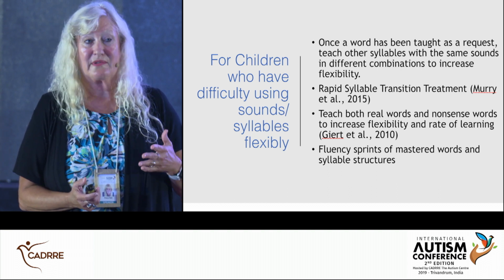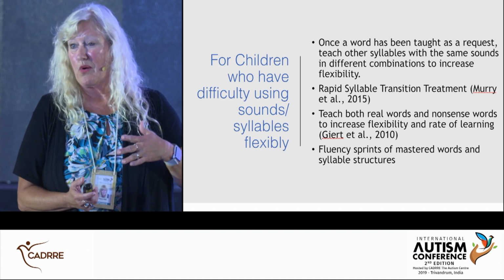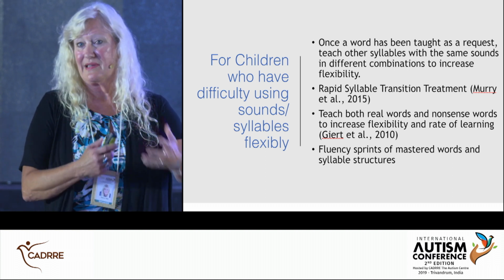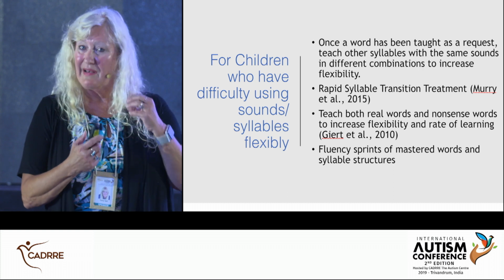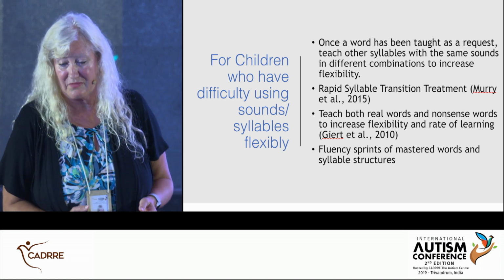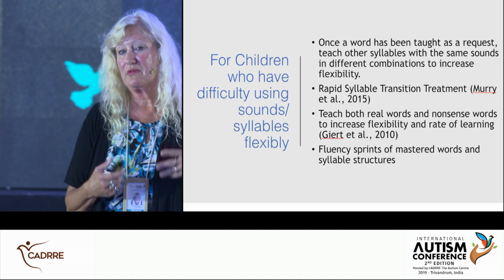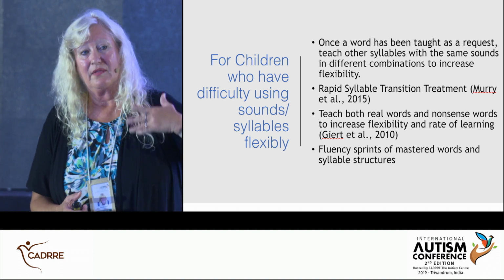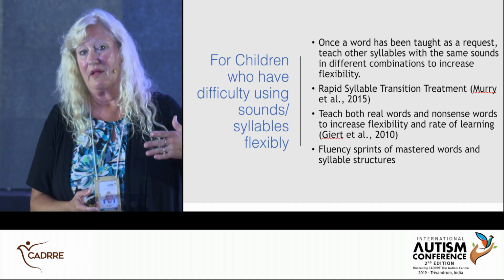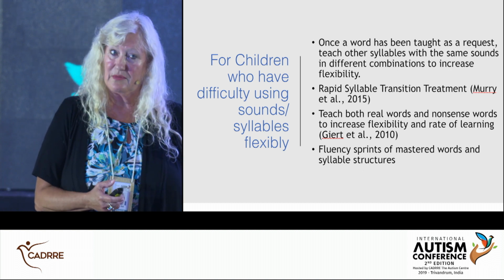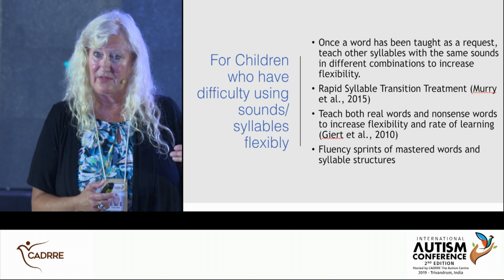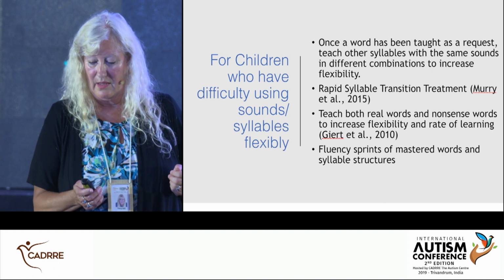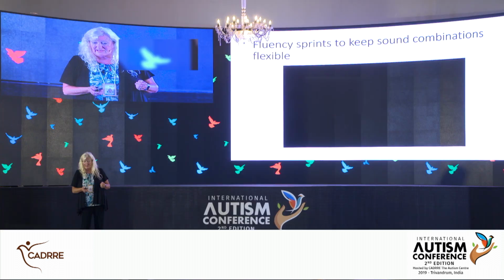I want them to be able to say be, bye, bay, bo, to keep that system flexible and fluent, and they're not always saying the same sound one after another. So I can do some fluency sprints, or in other words, rapidly teaching them to say one sound after another that contain the same syllable structures as the words they're using in their requests. Here's an example of that.